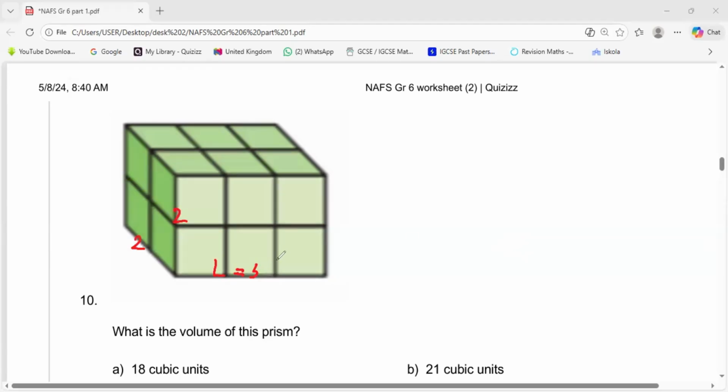You just multiply 3 multiplied by 2 multiplied by 2. We get 4 multiplied by 3, which is 12 unit cube. Like this. The next one.